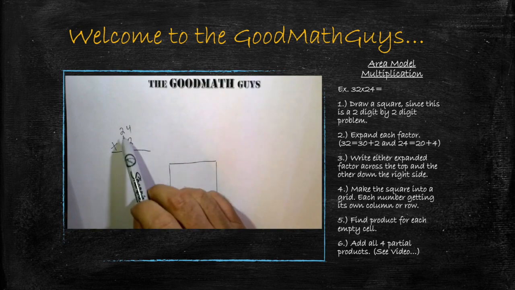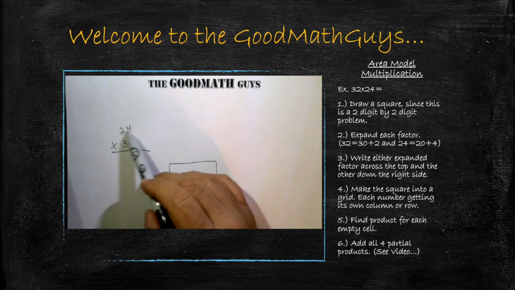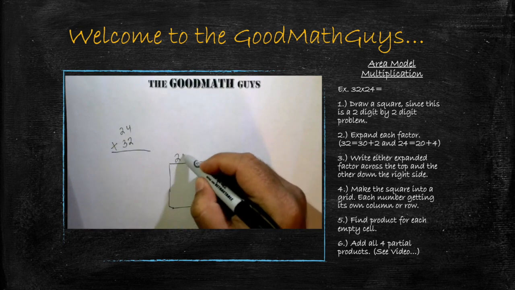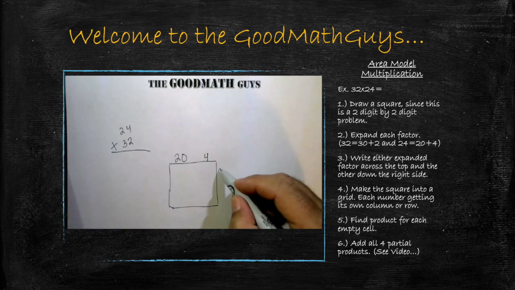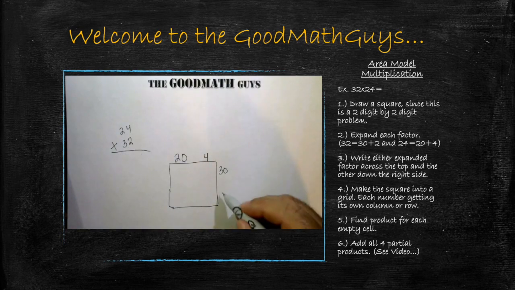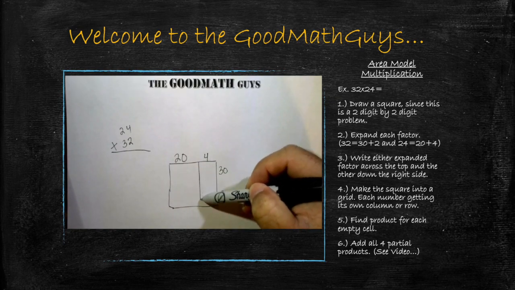And then they need to expand each of these factors. They need to expand 24 into a 20 and a 4, and they need to expand 32 into a 30 and a 2. And what you do then is you split the model.